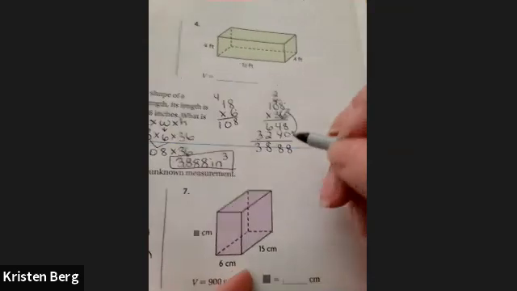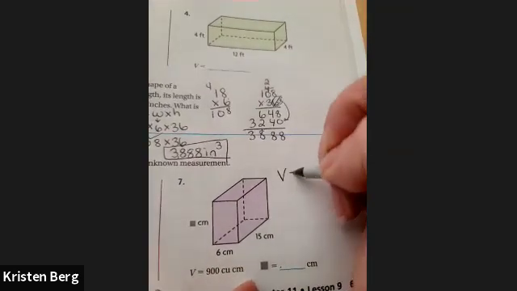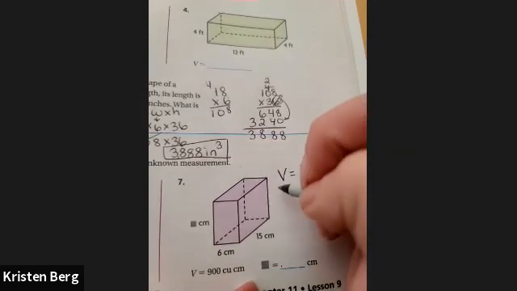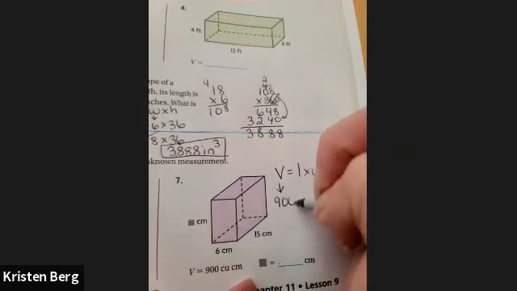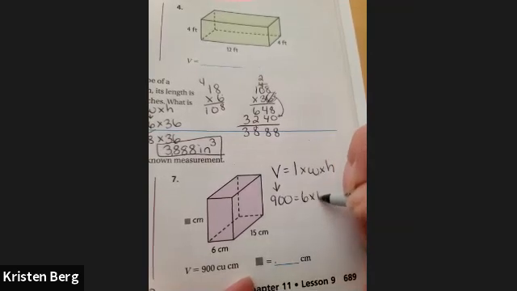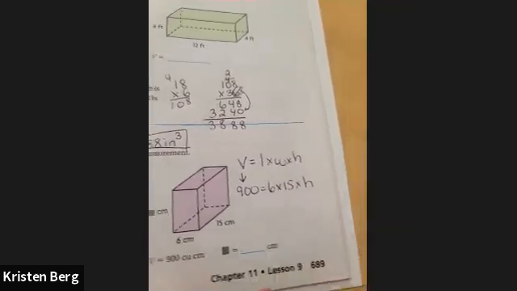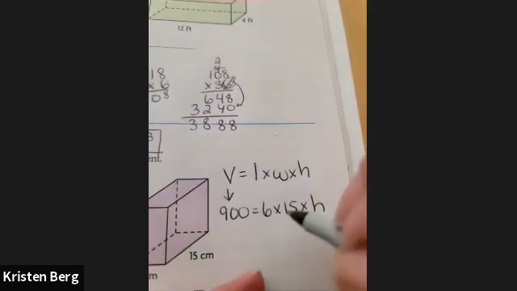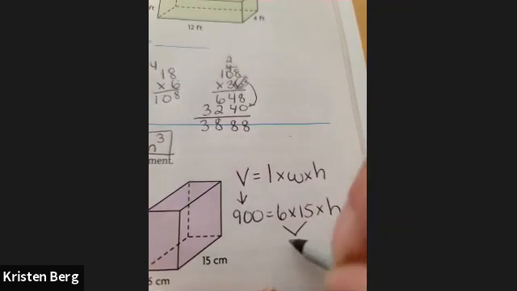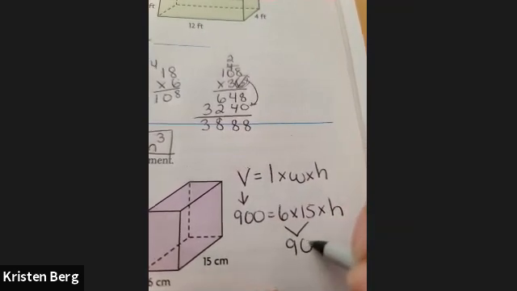All right, next one. In this one, again, volume equals length times width times height. So the volume is 900 equals 6 times 15 times the height. In this case, this comes out to be 90 if you multiply it.